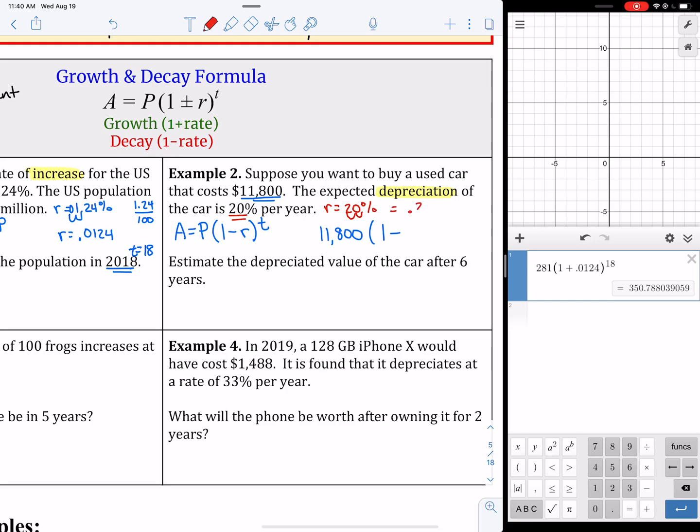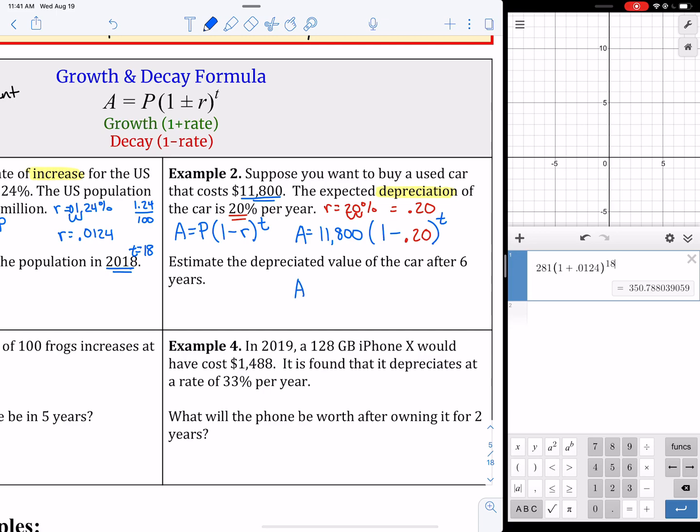So that would be 0.20 or just 0.2 is also okay. All right, and then time. So to model this function, you would want to leave that little t right there. So if they ever ask what is the model to represent the situation, then that would be it.